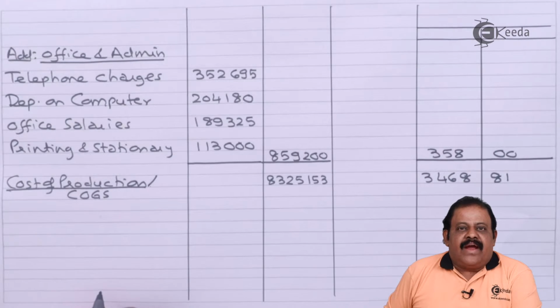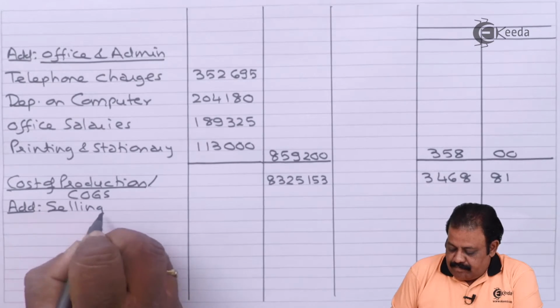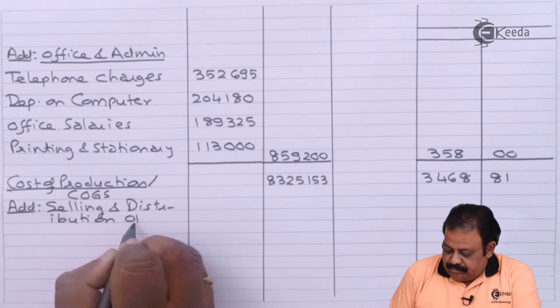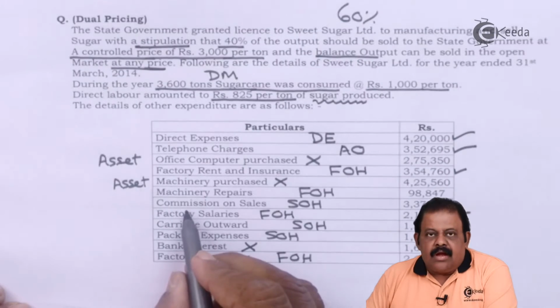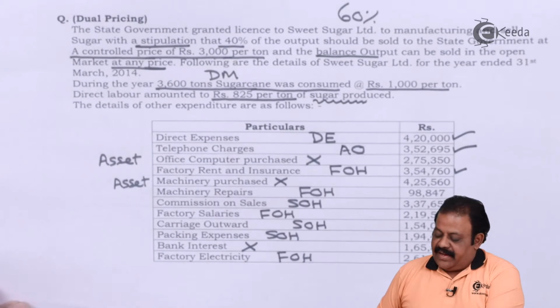To this we are required to add selling overheads. Commission on sales 3,37,650.